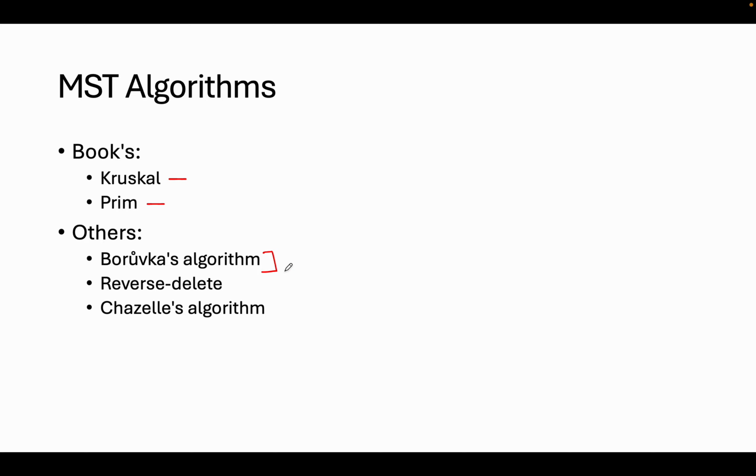There's also an algorithm called reverse delete, and then maybe a slightly better one that is not in the slides because I couldn't find easy pseudocode, Chazelle's algorithm, which also exists. So those are the main ones that you tend to hear about, and then others also exist. And this is typical for programming, where you tend to learn about the main ones, and then other people are working on the side to come up with new things.